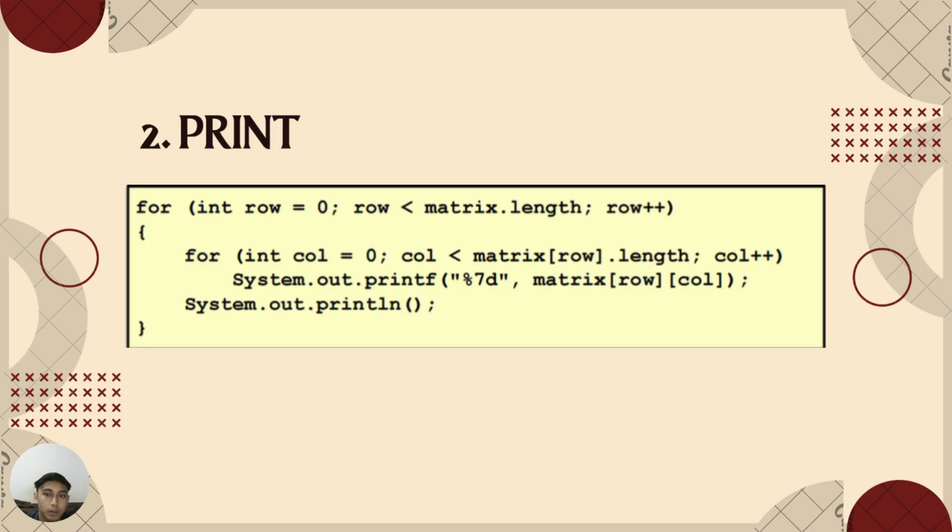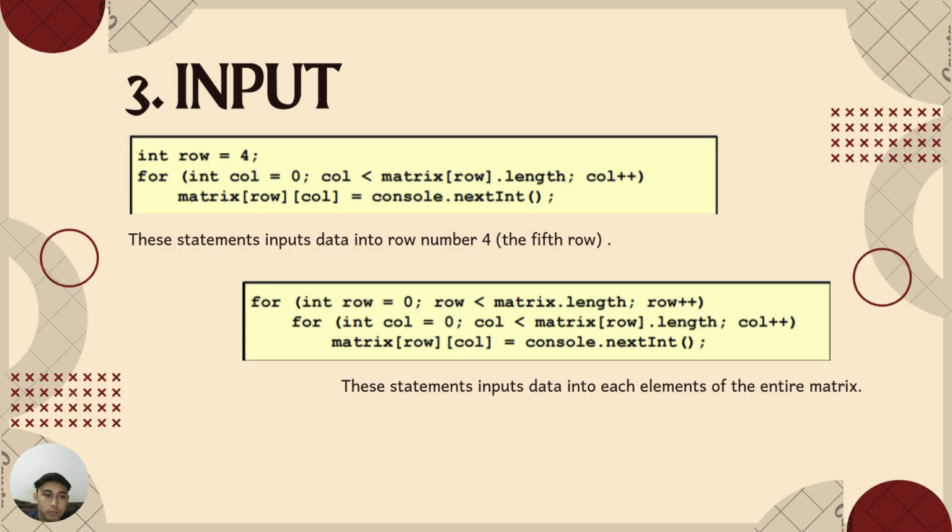Second is print. We can also print the array using nested loops by using system.out.println. We can print the values in table format. This makes the output look clean and organized. Third is input. Input can be done in the same way using nested loops.